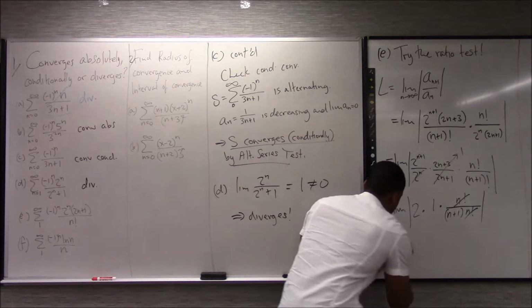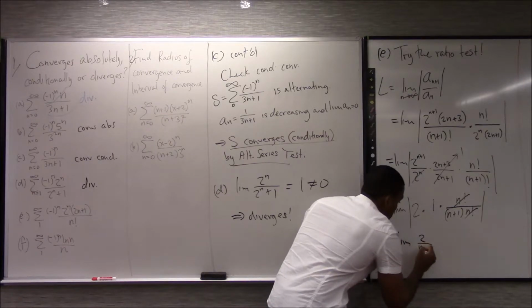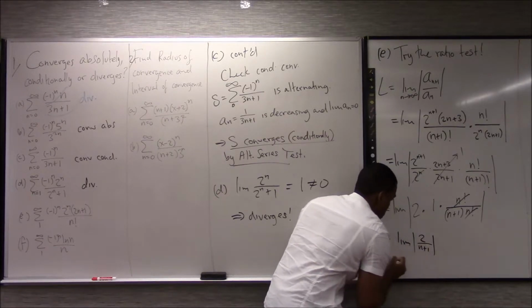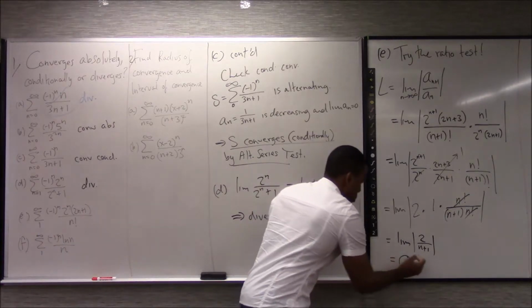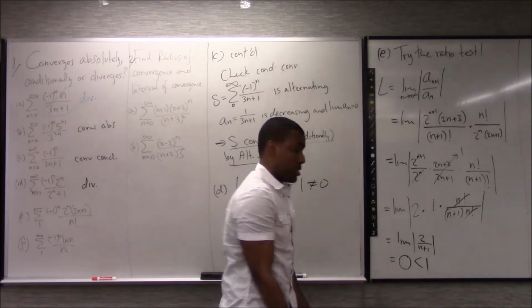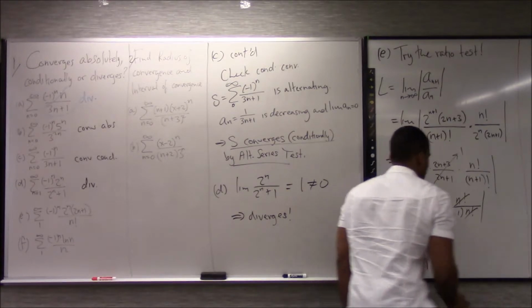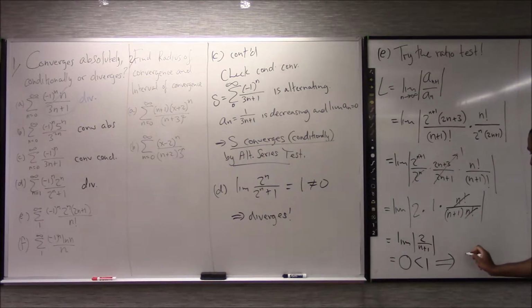Now I have the limit of 2 over n plus 1 in absolute value, and what's that? That's 0, which is less than 1, always. It's less than 1, and so this means it converges absolutely.